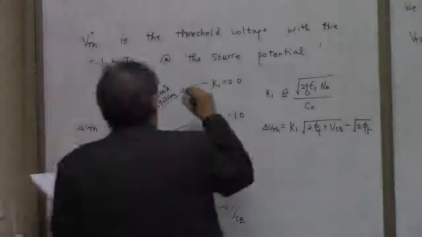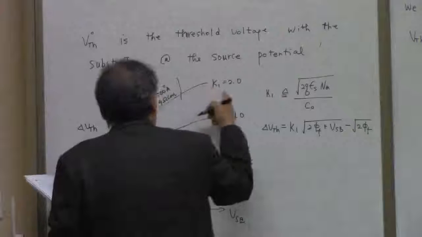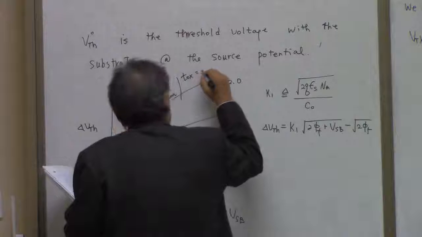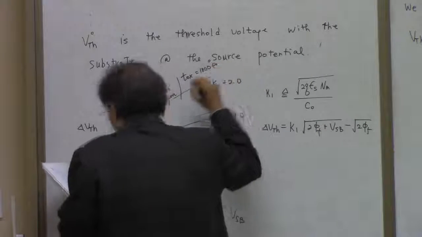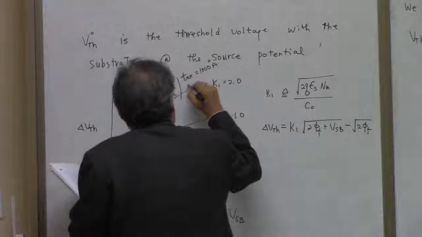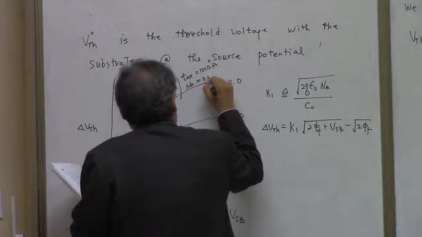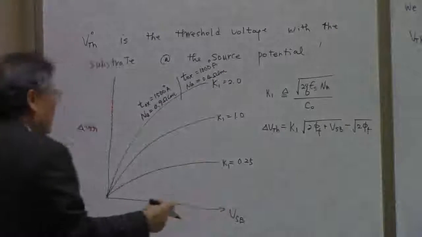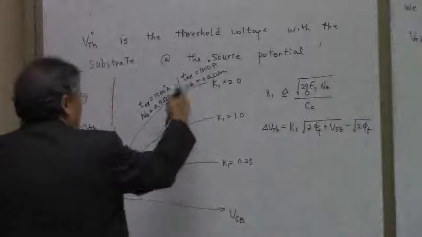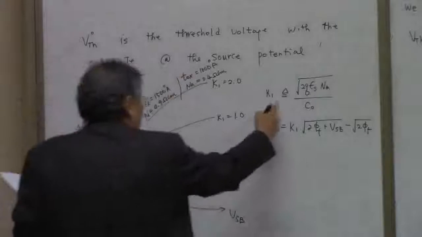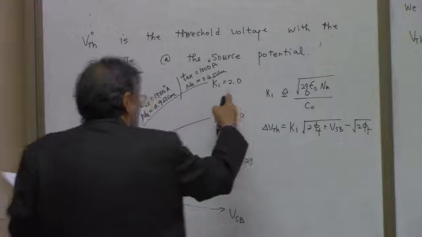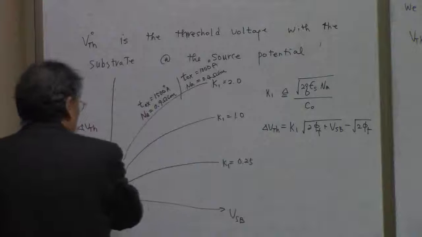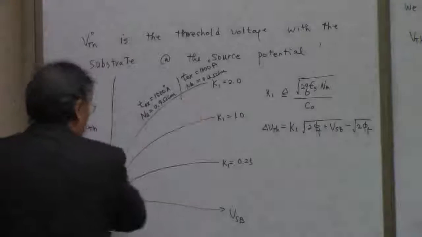Okay, and this is the equivalent K value you can have when you reduce the oxide thickness to 1000 angstrom, then Na corresponding to 0.4 ohm centimeter. You slightly increase the concentration of the substrate, okay? And in this situation, you can have the same K1 value, which is 2.0, and with the substrate bias, you can see the tremendous change in the delta VTH.